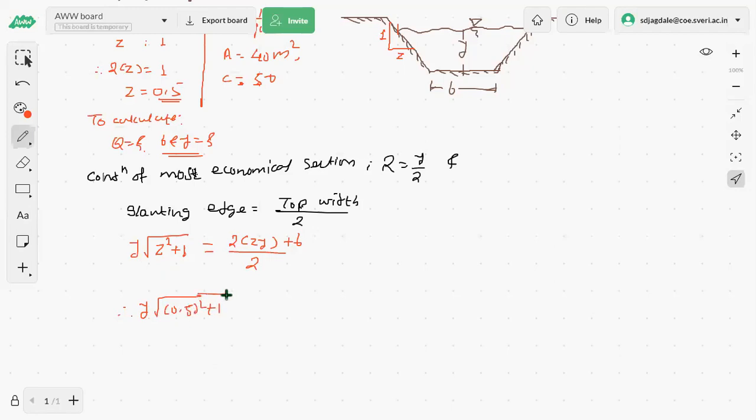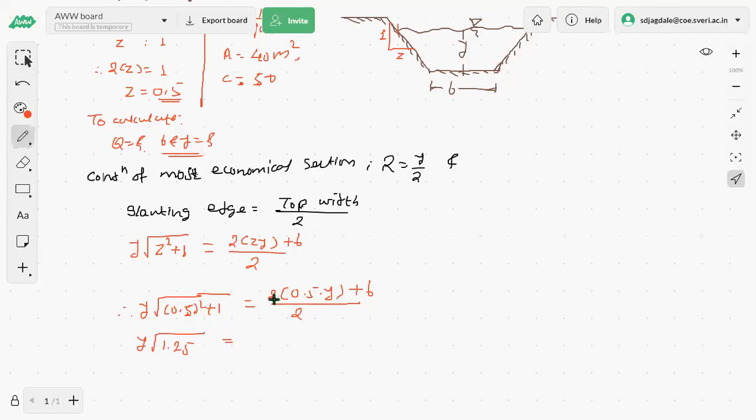So 0.5 square plus 1 is equal to 2 into 0.5 into Y, plus B, divided by 2. Just simplify it. That is Y into root of, 0.5 square is 0.25, so that will be Y into root of 1.25.